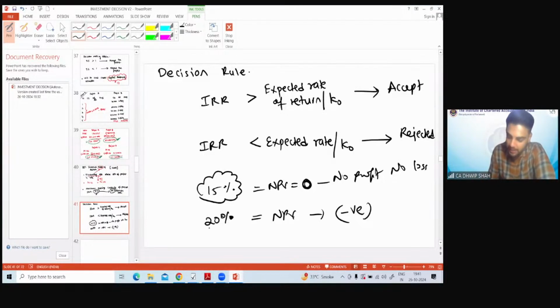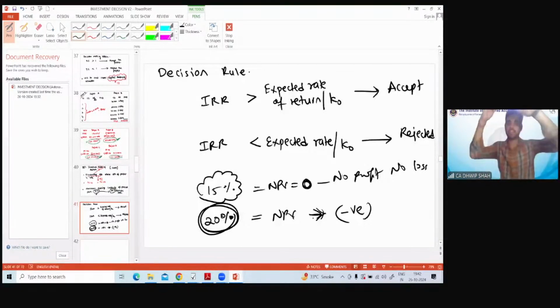Now you are expecting from the project at 20%. So can I say NPV will fall because you have increased the rate? A logic of maths, higher the discounting rate, lower will be the present value. So can I say the NPV will result into negative?